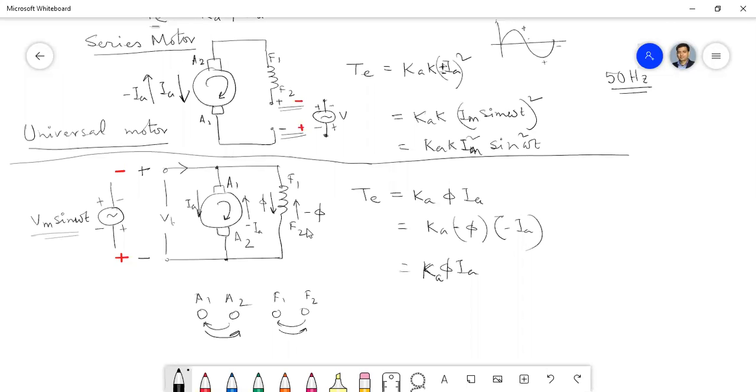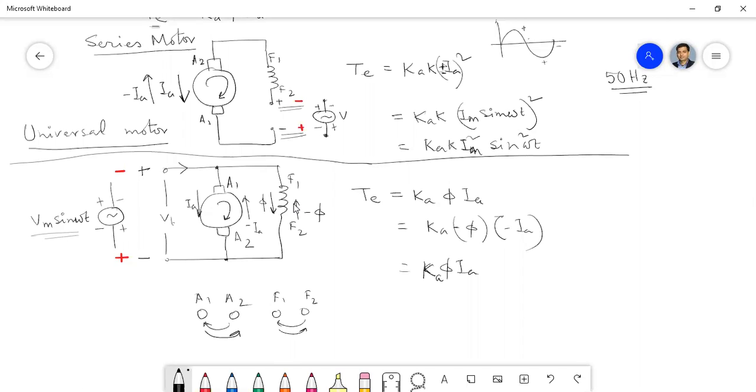So the shunt field offers very high resistance, and as it contains a large number of turns, the effective inductance will be very high. Now, when we write a steady state equation for a DC shunt machine or DC series machine, we don't consider this inductance.